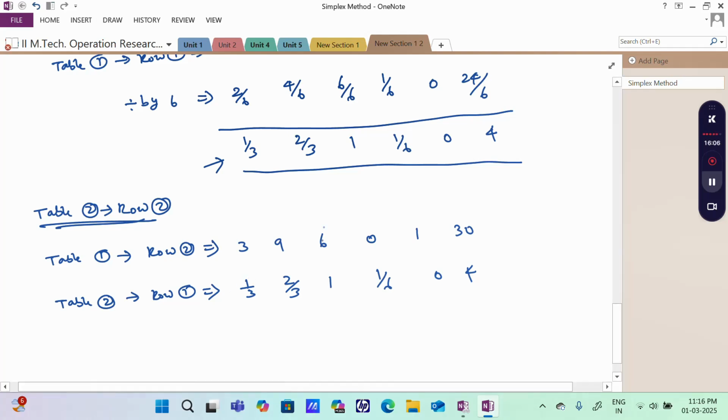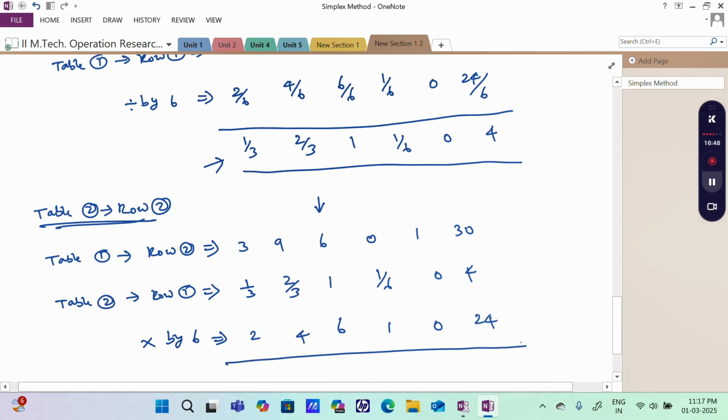Our main intention is to convert this place into 0. How to convert this place to 0? Multiply by 6 and subtract this equation from the second equation. So when I multiply by 6: 6 by 3 is 2, then 12 by 3 is 4, 6 into 1 is 6, 6 into 1 by 6 is 1, 0, 24.